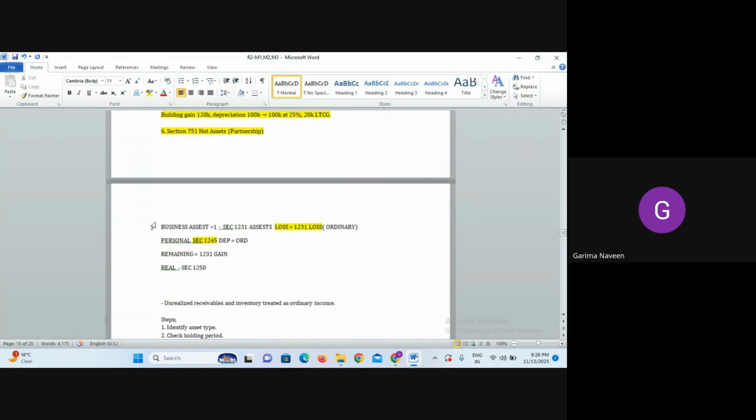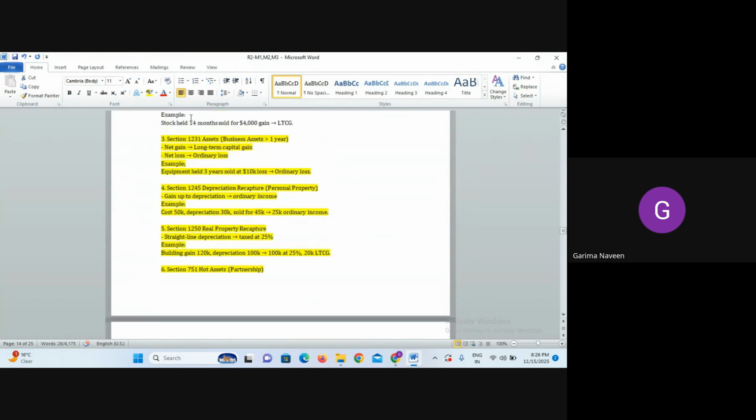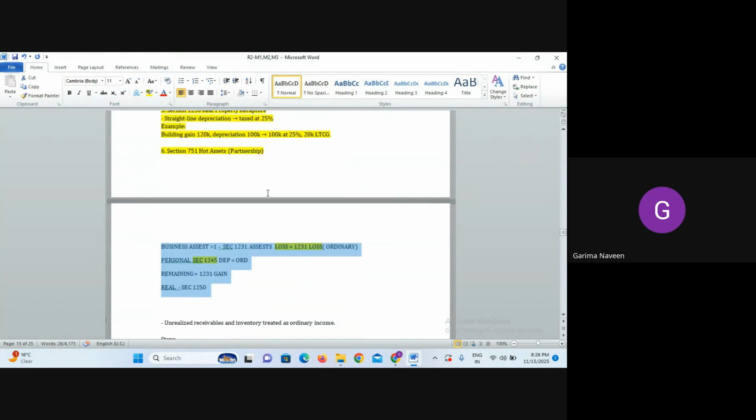This treatment for different properties will be asked in your TCP section, not here.